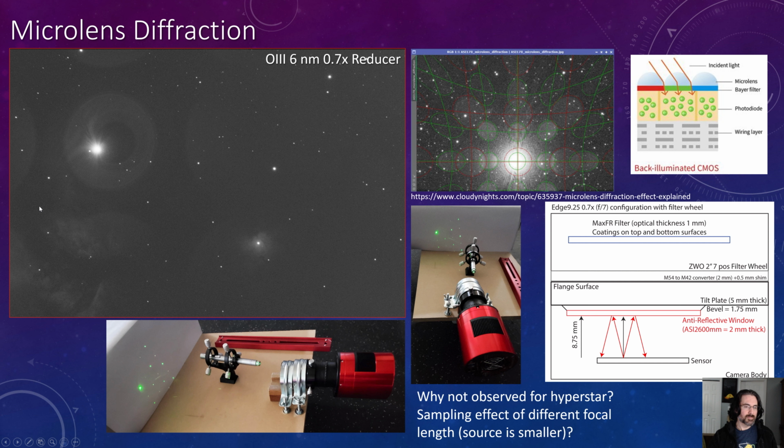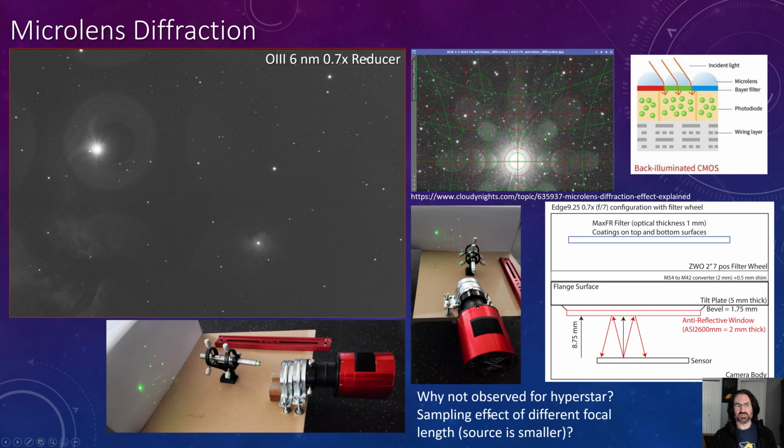Now, why does this happen for oxygen-3 and not the other filters? It may have to do with the optics being more reflective at the shorter wavelength, the 500 nanometers associated with oxygen-3, compared to the 650 nanometers associated with hydrogen alpha. That explains a potential wavelength effect, but again, we didn't see these reflections for the HyperStar.